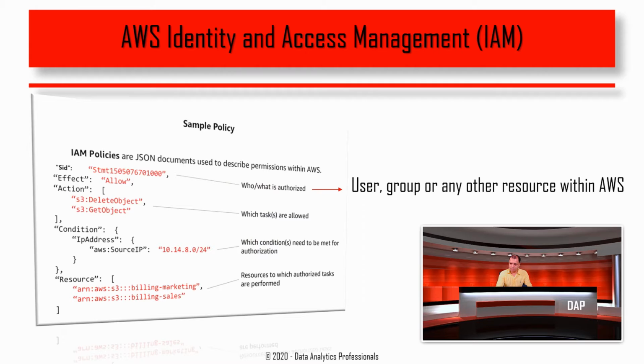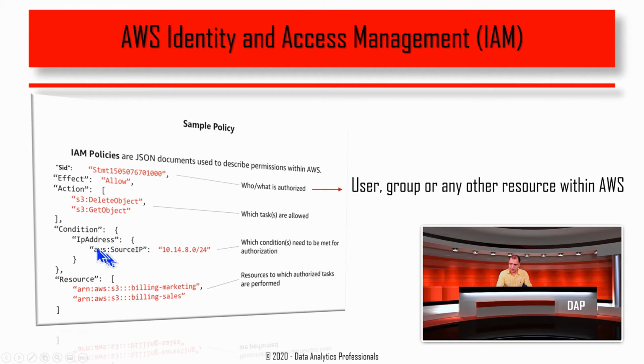Now, this is a sample policy, and that should start making sense to you. IAM policies are JSON documents used to describe permissions within AWS. If you see, there is a SID, and the effect is Allow, the action is S3 delete object, and these are basically showing you everything.